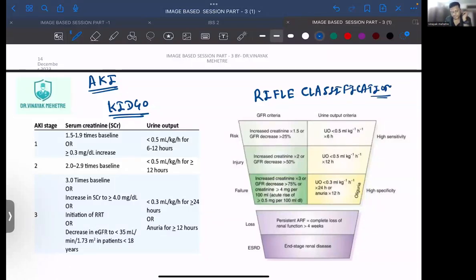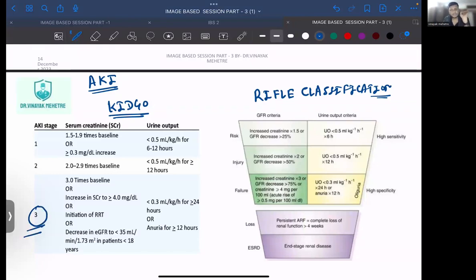Now over here, at least try to remember the name of the classification. First thing, the easiest one: AKI third stage.